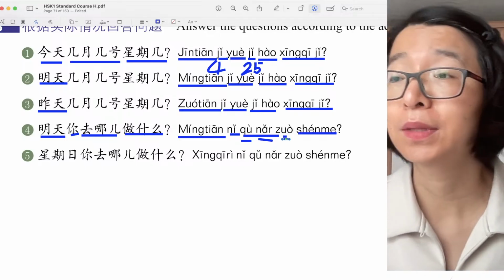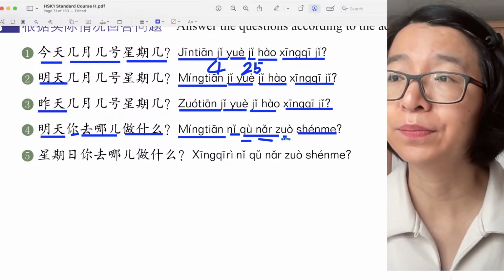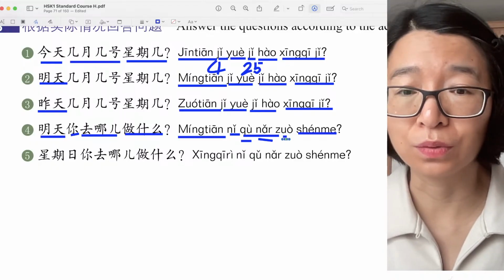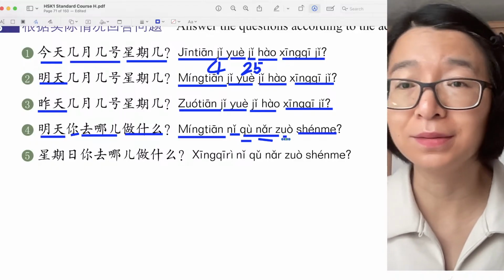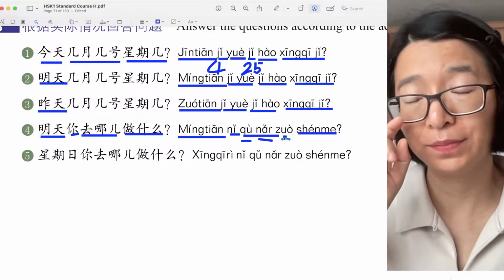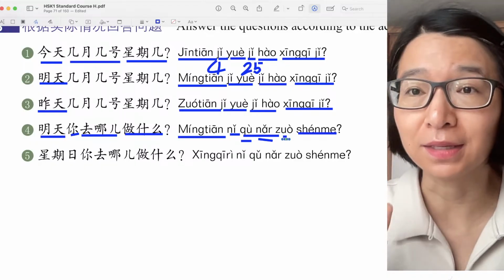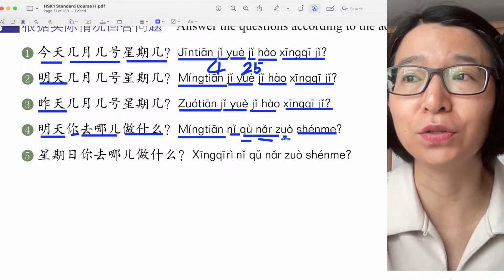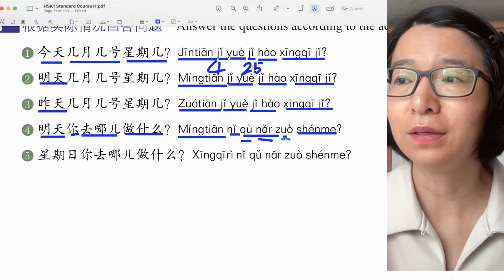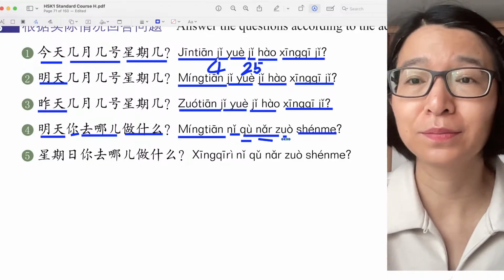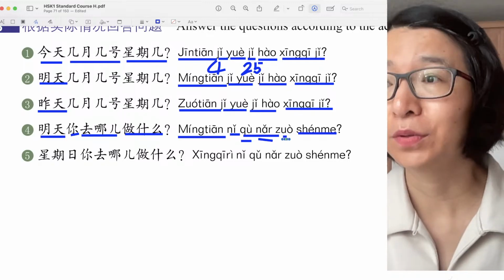How to say it? 明天我去公园野餐。Okay, picnic, 野餐. Let me know what you want to do for your plan tomorrow.